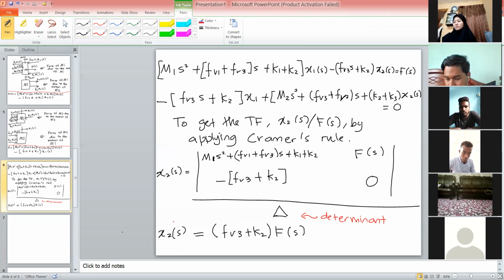This is another equation. We need to use this equation later.